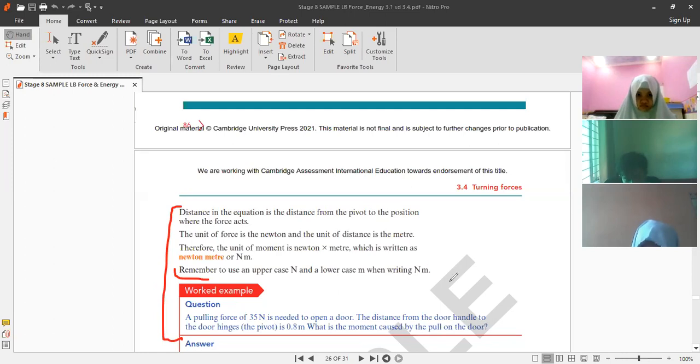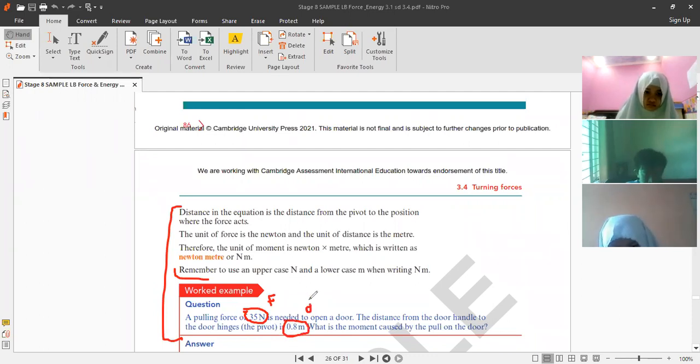28 newton meters. How come? What is this? This is 35 newtons. What? Force. Okay, good. And then what about 0.8? Distance.